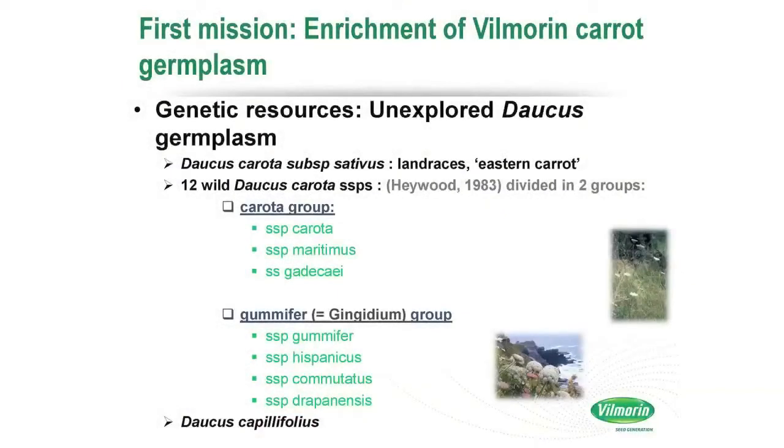For carrots, it's quite rich. I took as an example more or less the European type, the Western carrot, and you see that all these kinds of germplasm, either Daucus carota subspecies cultivated or not cultivated, wild species, are still to be used and integrated into breeding, and other crossable Daucus species can even be used.